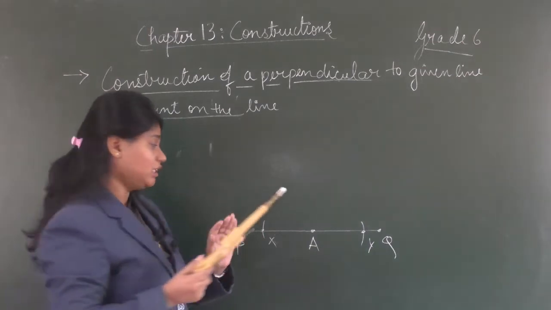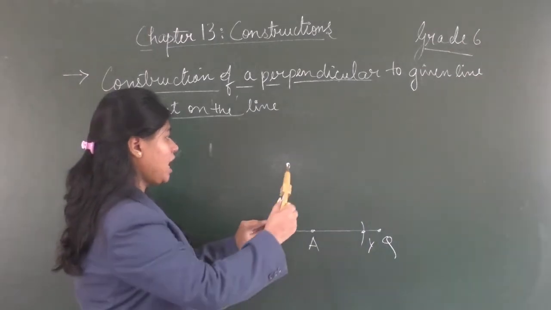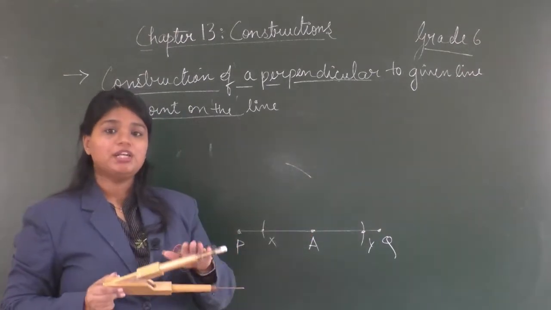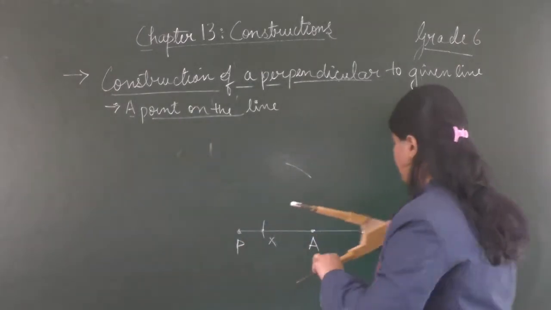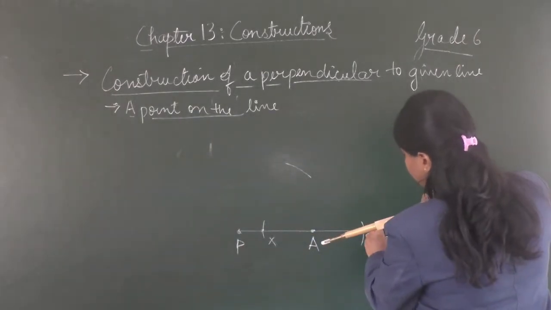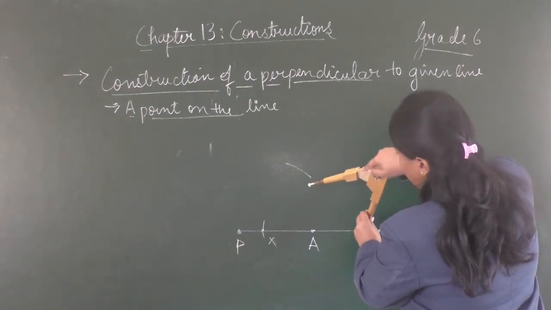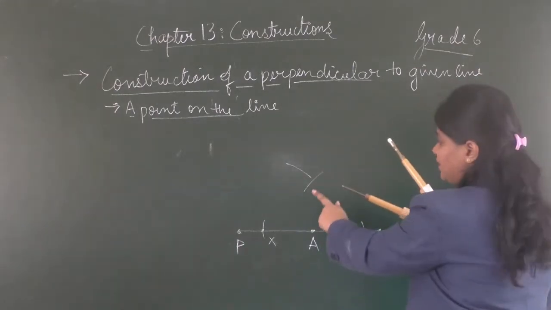Now, I will keep the needle on X and I will mark an arc above the line segment PQ. Now, with the same measurement, I will place the needle of the compass on point Y and I will cut the previously drawn arc. So, here you can see this arc is above this arc.